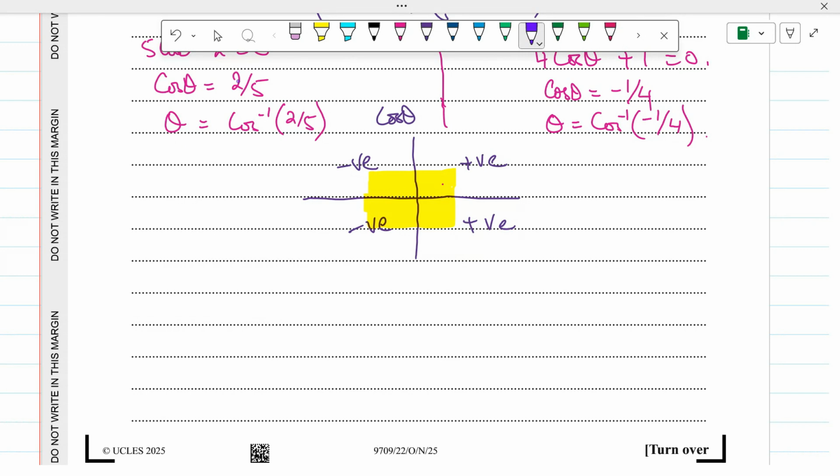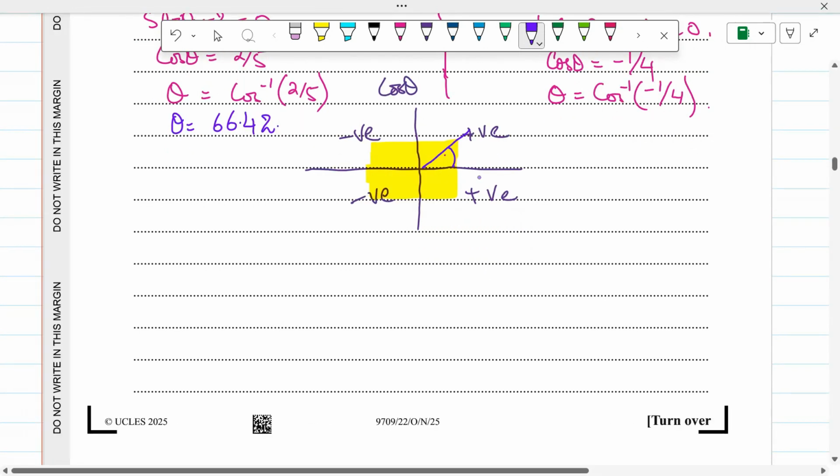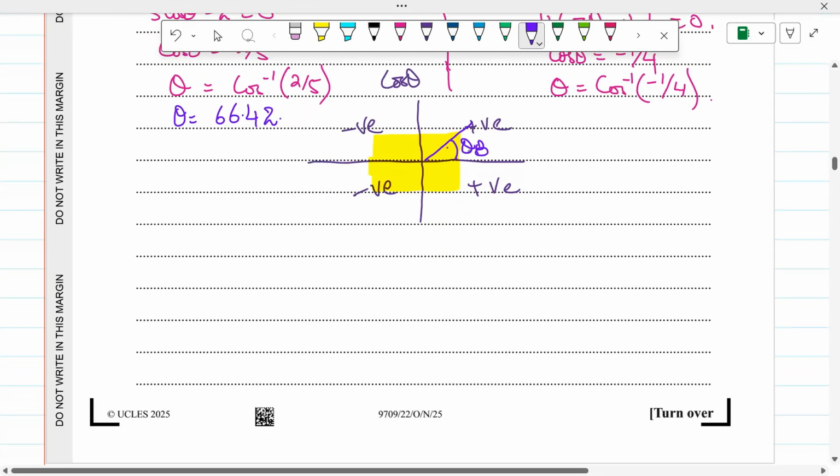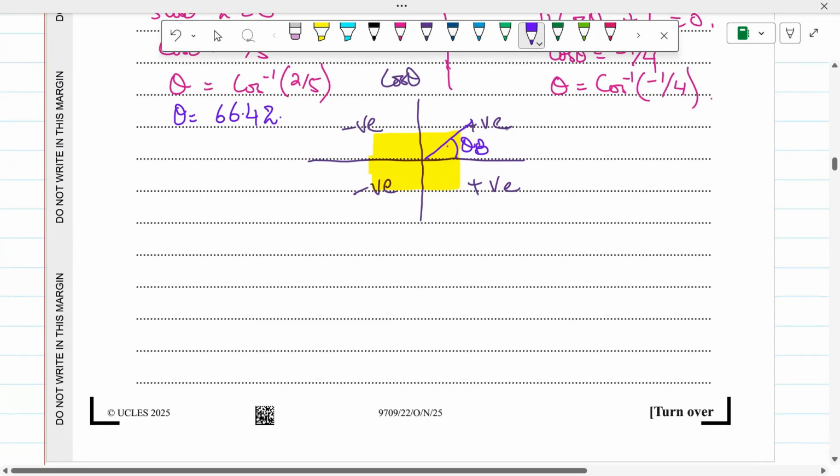We will have theta equal to 66.42, and this is the value of theta in the first quadrant. The same value will give the angle in the fourth quadrant, and we can find it by using the base angle, which is the angle in the first quadrant.